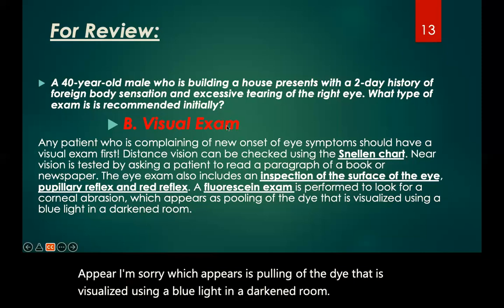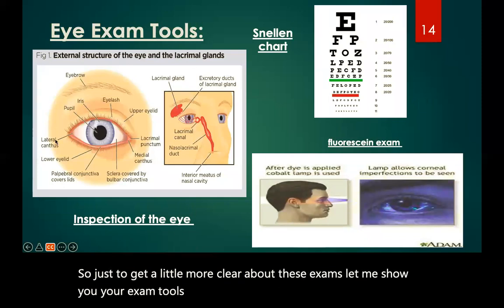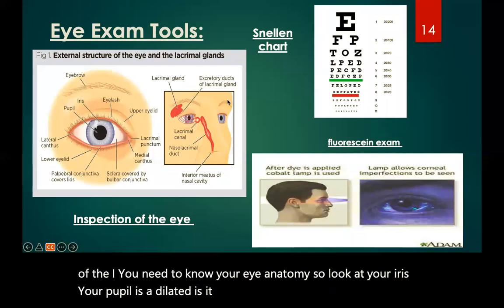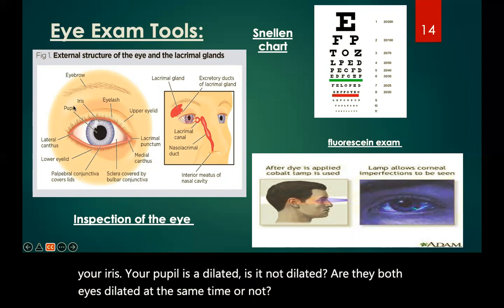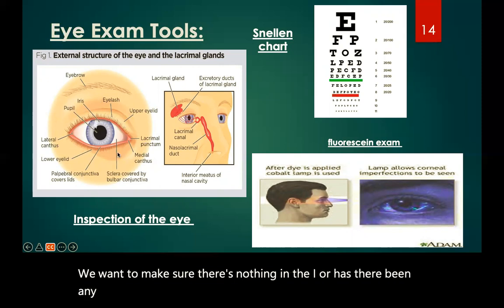So just to get a little more clear about these exams, let me show you your exam tools. So first things first, you're doing an inspection of the eye. You need to know your eye anatomy. So look at your iris, your pupil. Is it dilated? Is it not dilated? Are both eyes dilated at the same time or not? You want to make sure there's nothing in the eye, or has there been any scratches or anything near the eye?